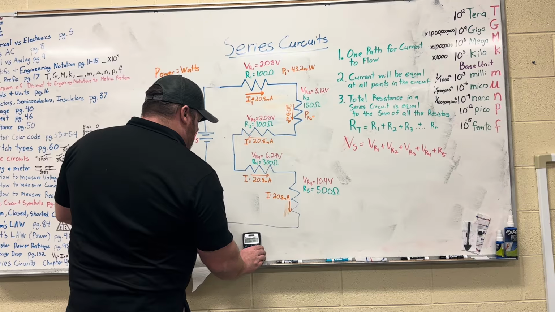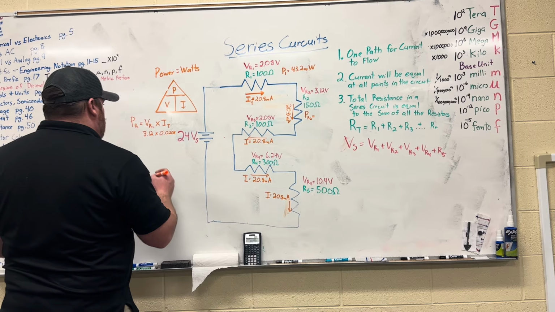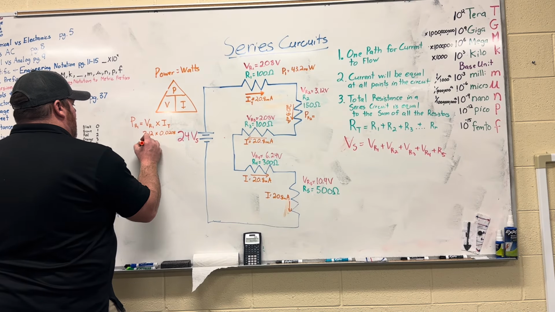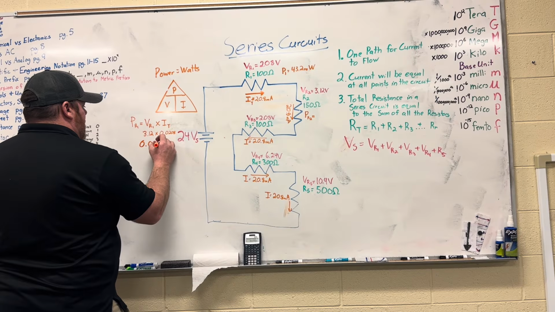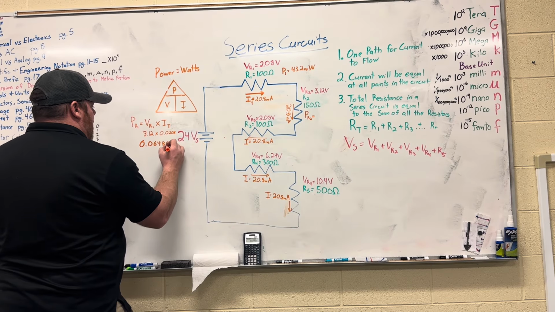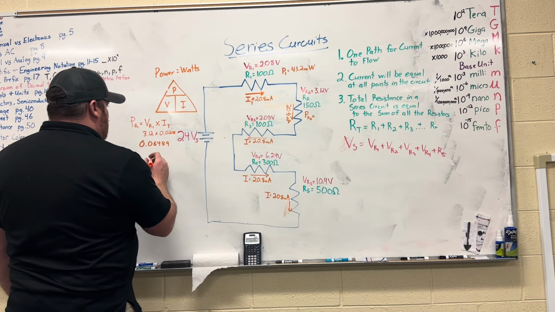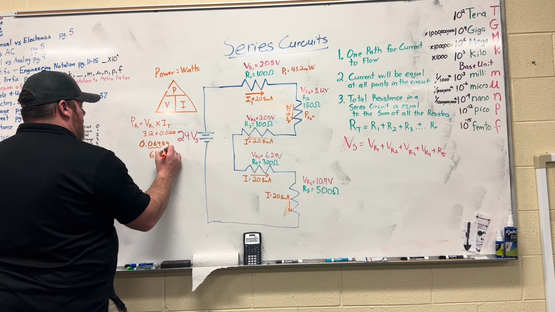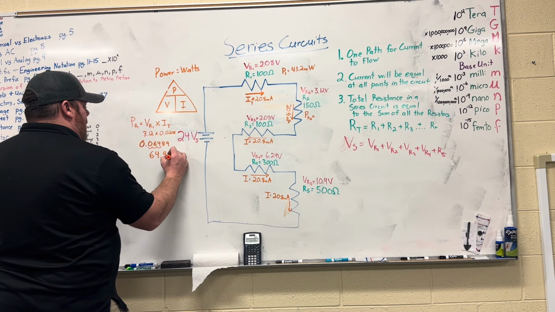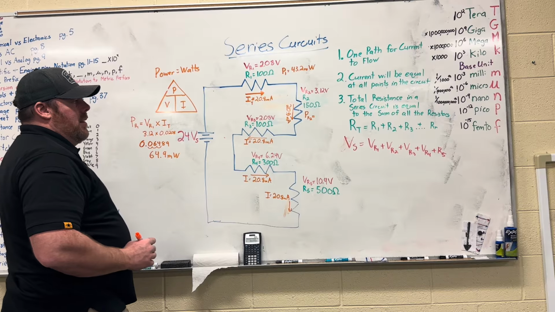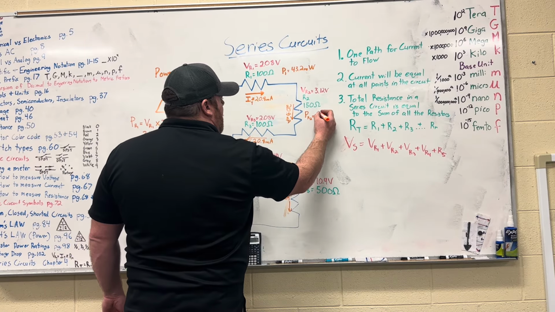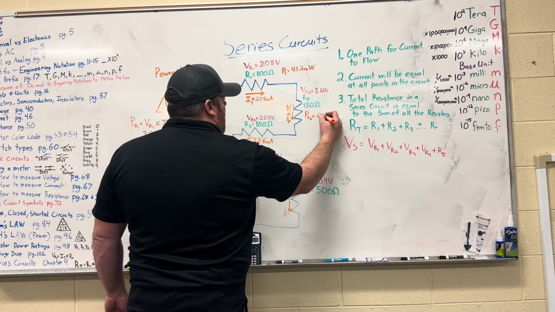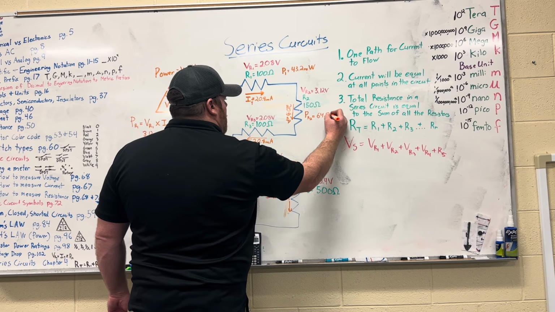We're going to get 64.9, which comes out to 0.06489. So we're going to say 1, 2, 3. That is going to be 64, point, we're going to round up, 9 milliwatts consumed. That becomes the power consumption of resistor 2.